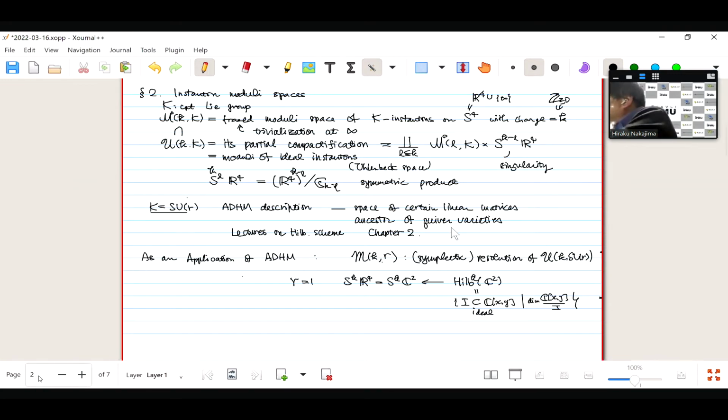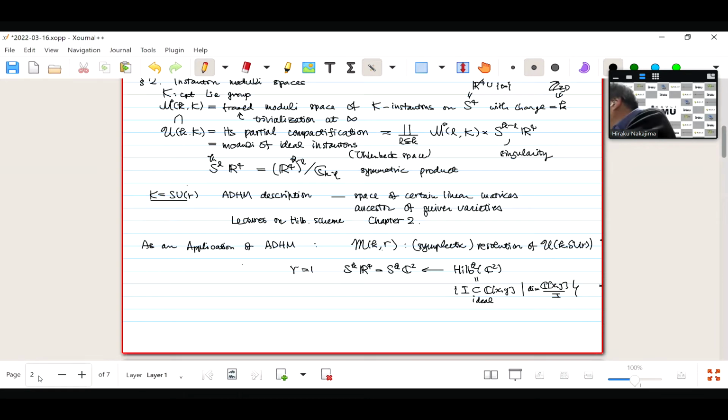Of course, it is strange that we start with a trivial space, an empty set, and get something non-trivial as a partial compactification, but formally this is considered to be U(K, U(1)). I don't want to write SU(1), it's a little strange, so instead I write U(1). Anyway, this is just a notation.